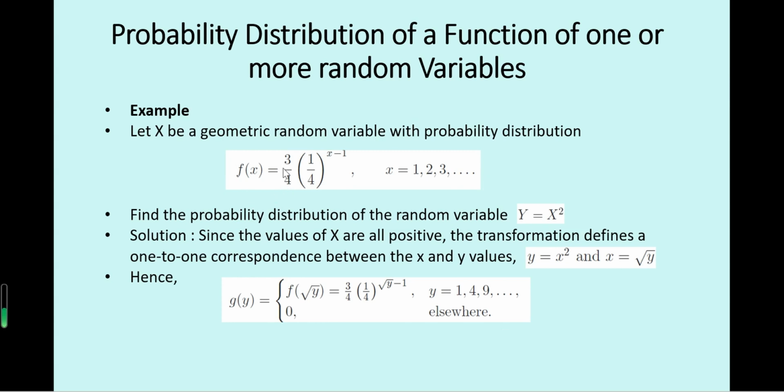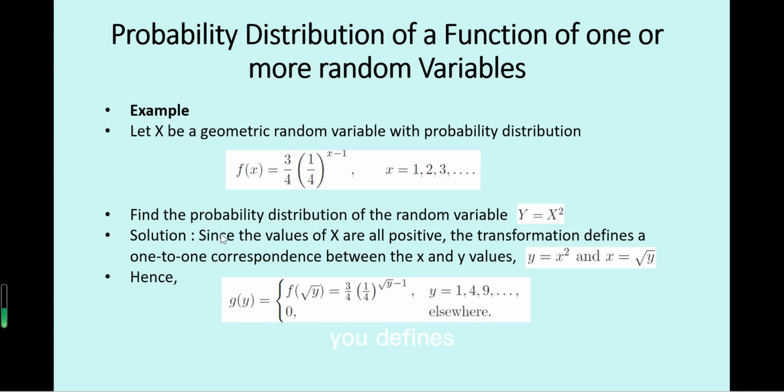So x can be 1, 2, 3, 4, and so on, because there can be failures. However many trials you take, there is one success and the others are failures. So we raise the failure probability, 3/4, to a power, and this is the success rate, 1/4.